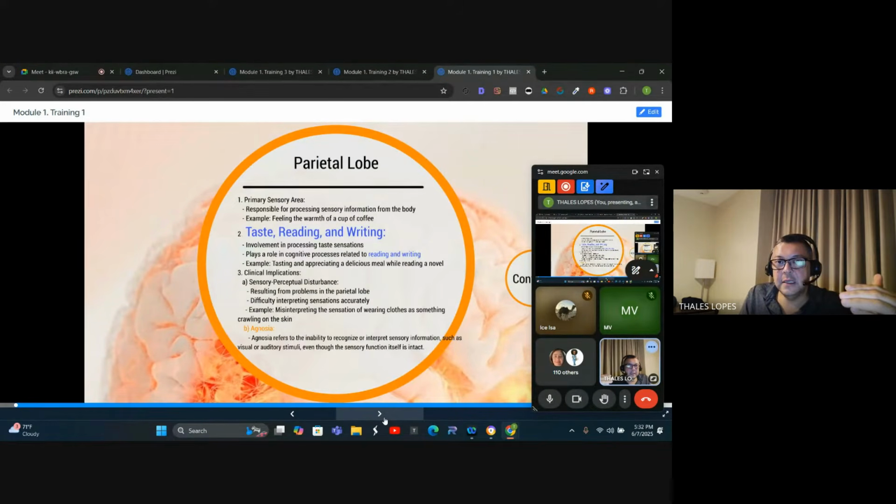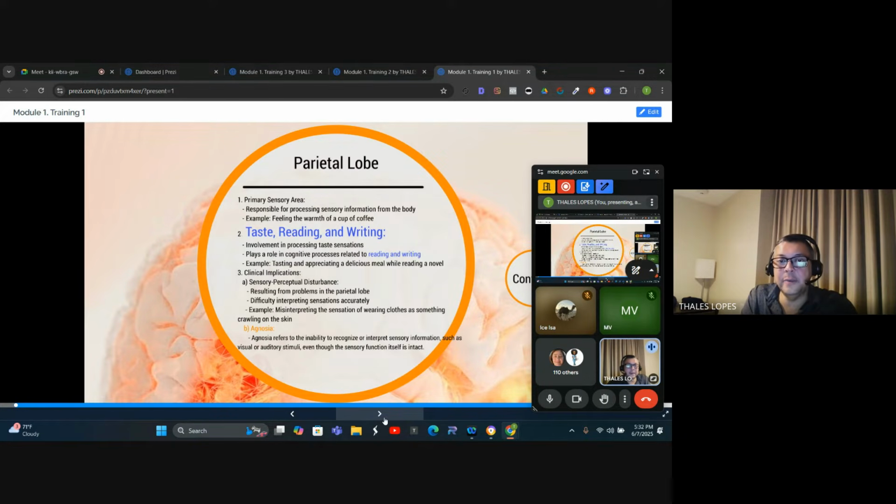If someone is not able to write, meaning drawing a clock, when we do a clock drawing test, for example, in the Mini-Cog or in the MMSE, which we'll cover later, it is a damage in the parietal lobe that is super high yield for your test.